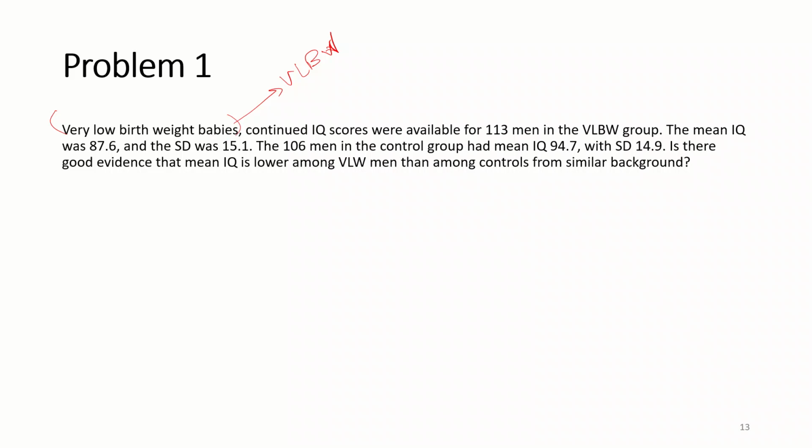So what test are we using here? The Z test. Yeah, the sample size is bigger here.